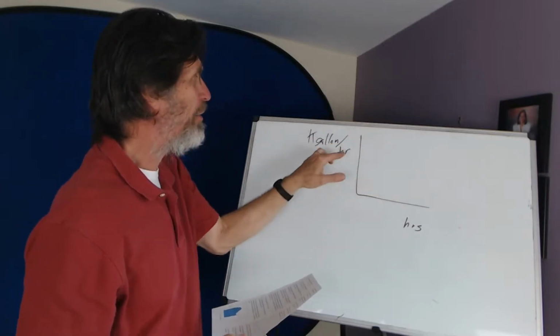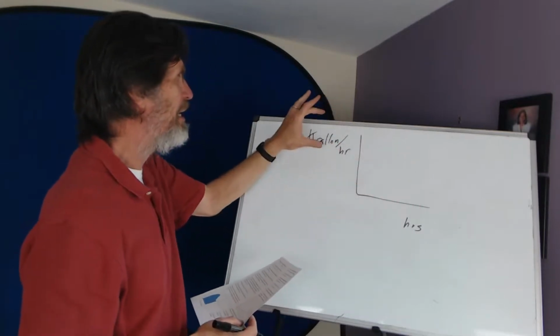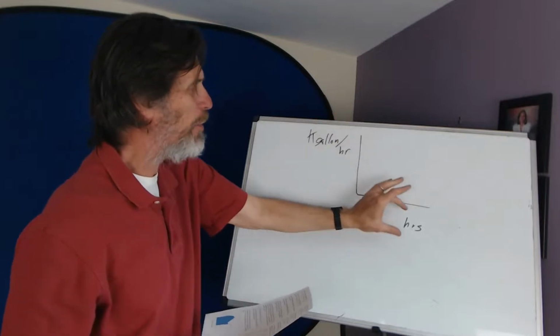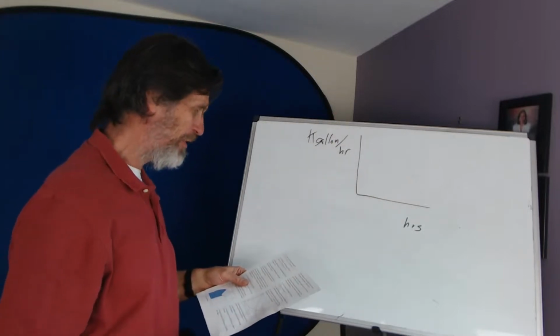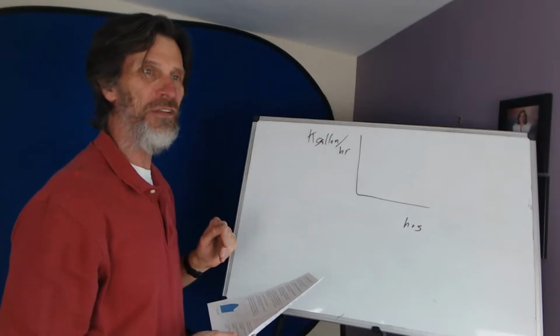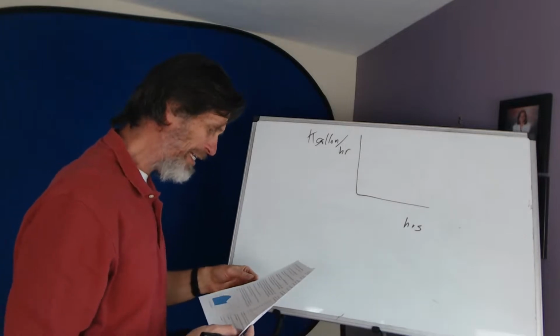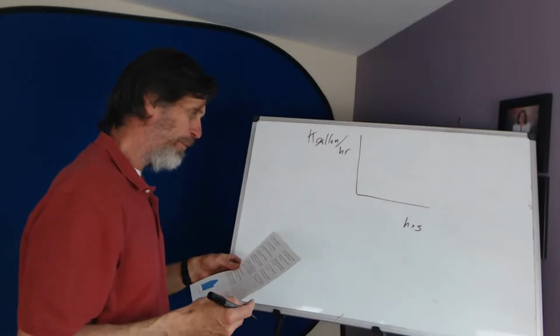The area under the curve is the combination of these units times those units. Thousands of gallons per hour times hours is thousands of gallons. So anything under the curve measures thousands of gallons. Anything curve related is the usage rate, thousands of gallons per hour.